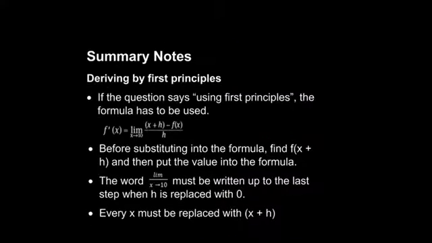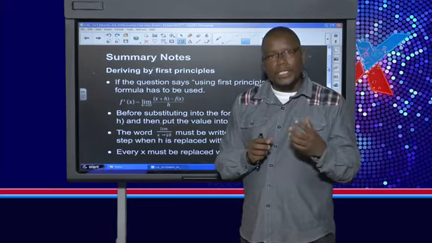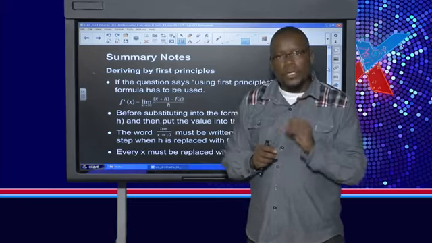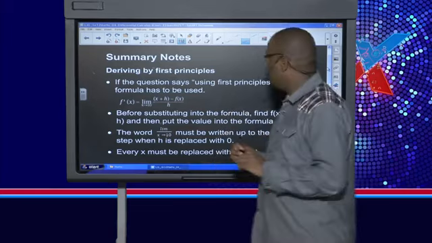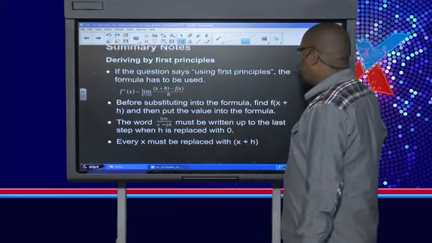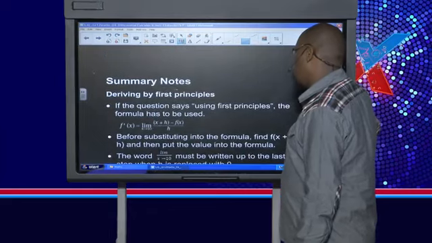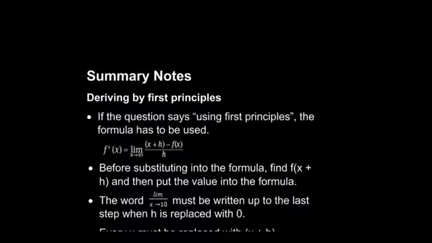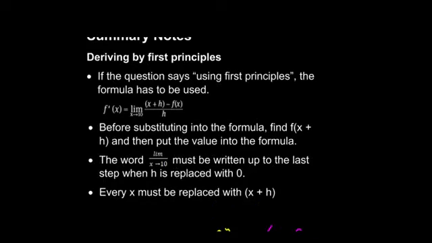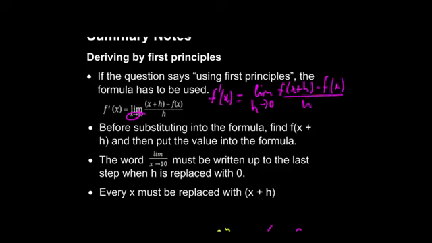So now when we are asking you to find the derivative or your gradient from first principles, you have to always remember that you'll be using a formula, and our formula is f prime x equals the limit as h tends to 0, gets closer and closer to 0, of f of x plus h minus f of x, all divided by h, all right?